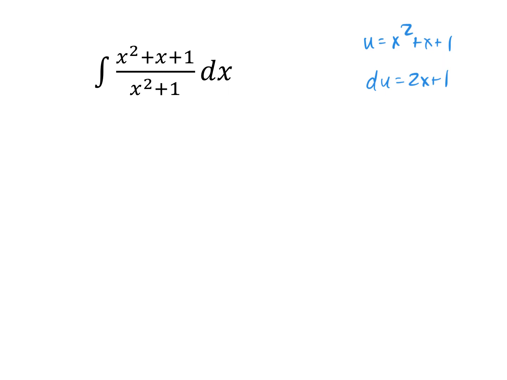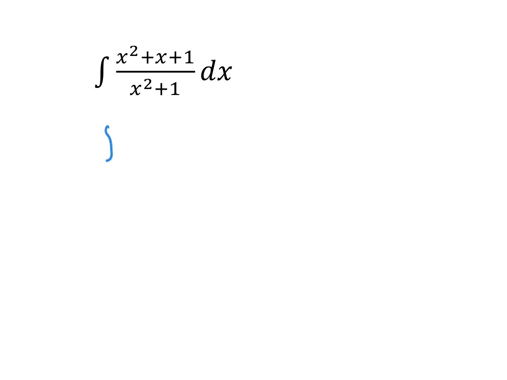Oh, wait, never mind. Could you just separate x and x? Say that again. You guys aren't liking this one, huh? U over U. Yeah, but you can't just take out the x.